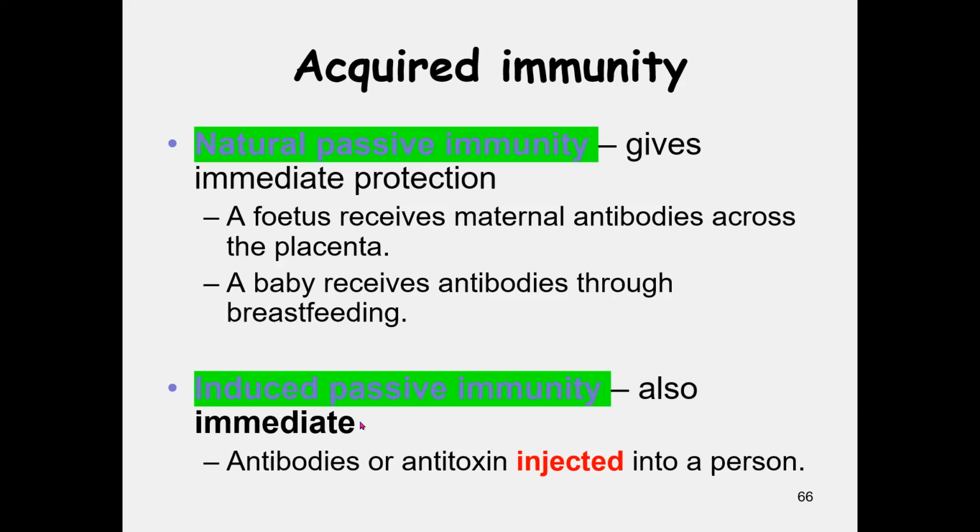Induced passive immunity is when you get an antitoxin injected into you, such as tetanus antitoxin, or you get a snake bite and you get injected. That's induced passive immunity. You don't actually produce it, and it's immediate.